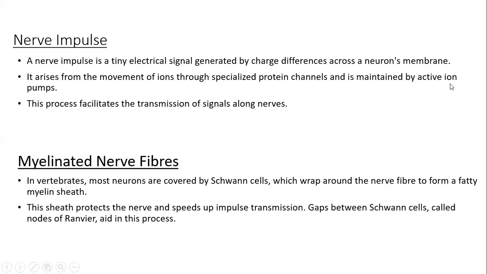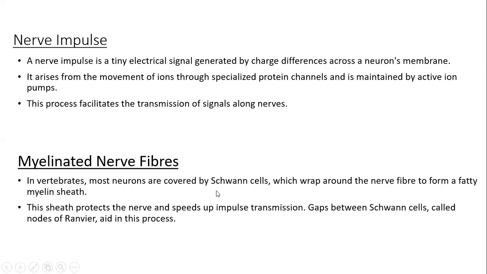So by that, it is going to create this charge difference of the ions. This process is going to facilitate the transmission of the signals. So if you are asked what is a nerve impulse, you have to tell it as an electrical signal and how this electrical signal is generated. That is also important.